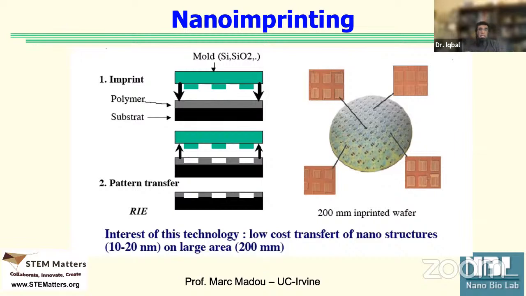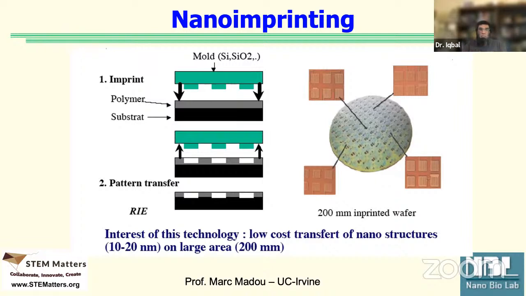Now, in this case, we are using a resist, but we call this resist NIL resist, nano imprinting lithography resist, because this resist has different properties. It may not be optically reactive, but there is an example where we use UV light to localize, it's called soft UV NIL. We'll talk about that on the next slide.